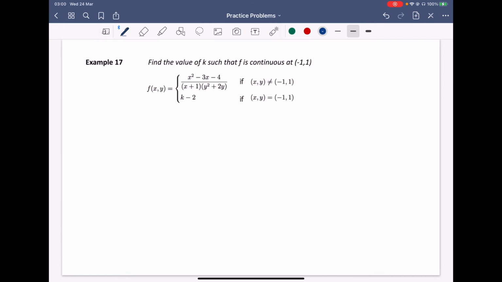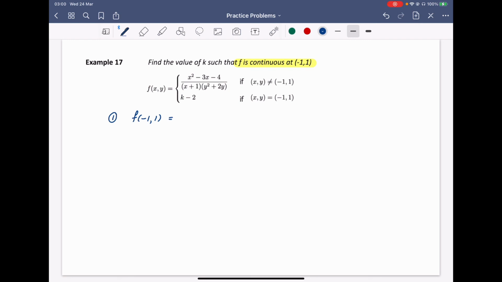Alright, the last one, number 17. So find the value of k such that f is continuous at -1, 1. Well, you need the function f to be continuous at the point -1, 1. So that means the first one, you need f(-1, 1) to be the number that we can compute.